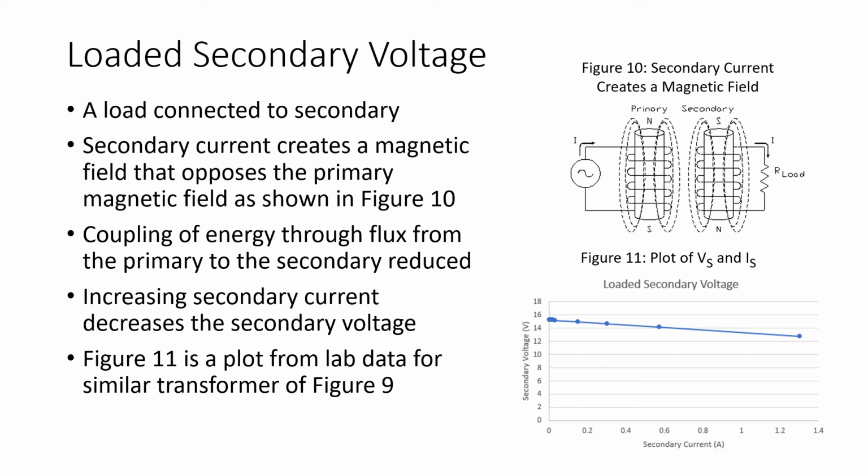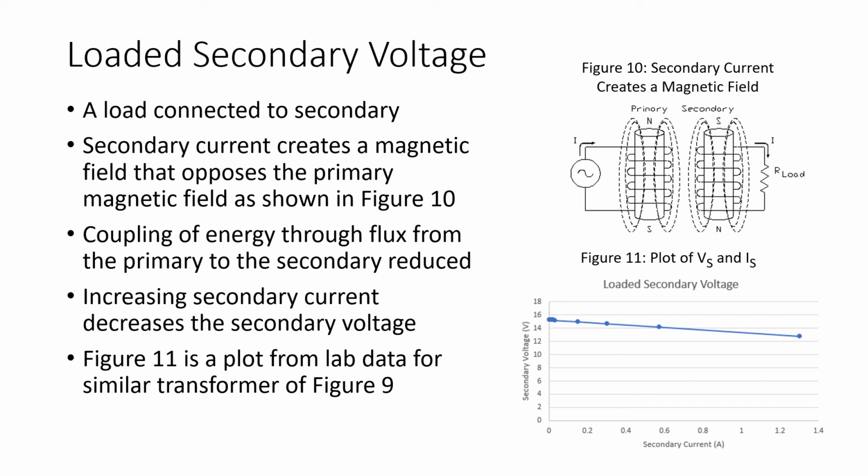However, when the secondary current is 1.3 amps, the secondary voltage has dropped to about 12.8 volts. So we see from the graph, the more current that flows through the secondary, the smaller the secondary voltage.